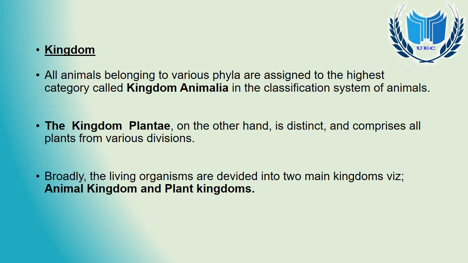So in the broad sense, what we have learned is that there are two major kingdoms. The first one is the animal kingdom and the second one is the plant kingdom.